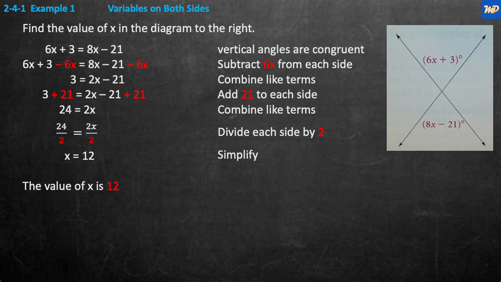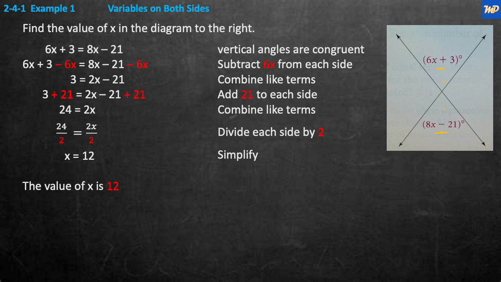You get 6x plus 3 equals 8x minus 21, in degrees. So there's our equation: 6x plus 3 equals 8x minus 21.